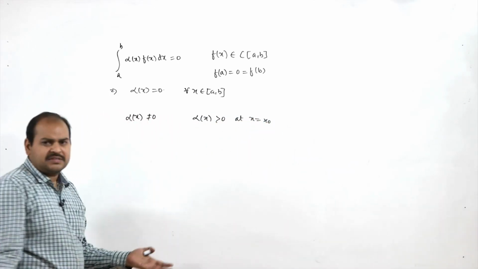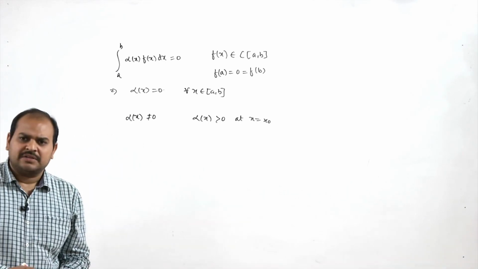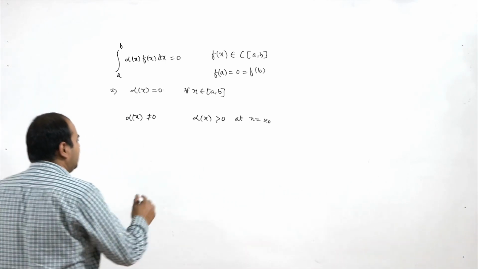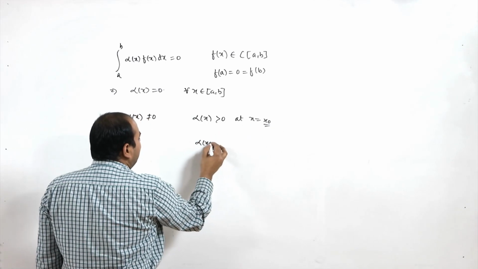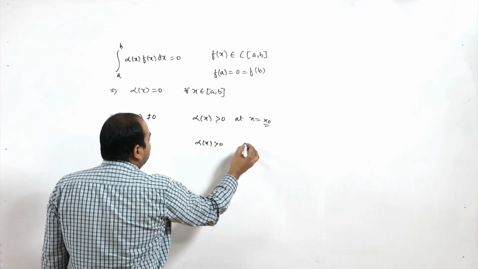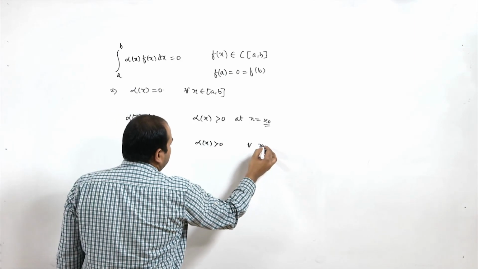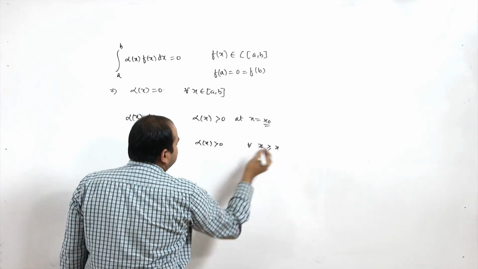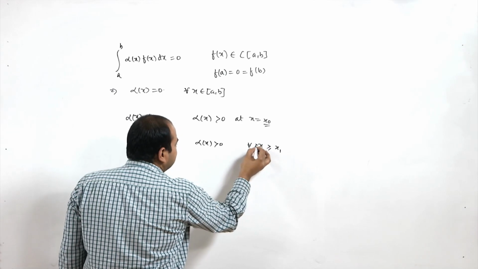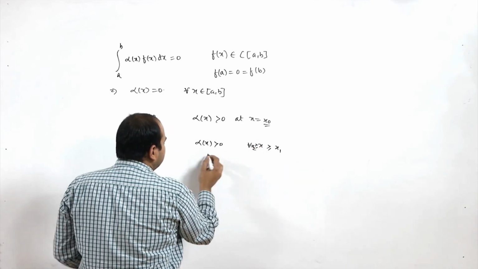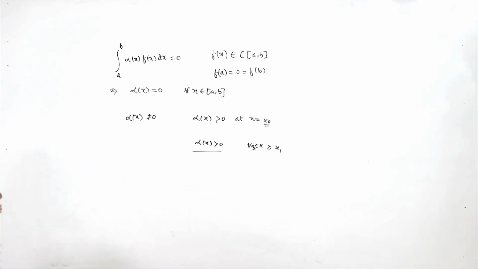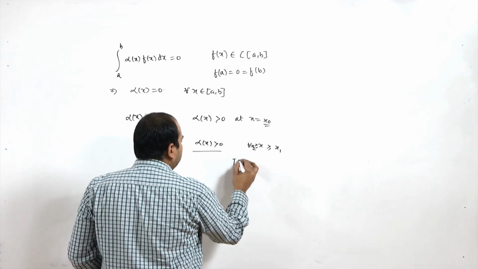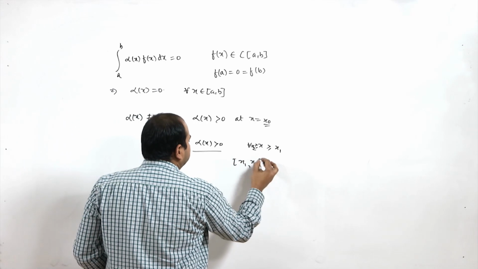Now, since we are assuming alpha x is a continuous function, we can always find a neighborhood around x naught such that alpha of x is positive for every x with x1 less than or equal to x less than or equal to x2. So, alpha x is positive in the interval x1 to x2.